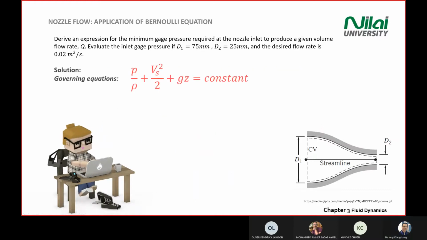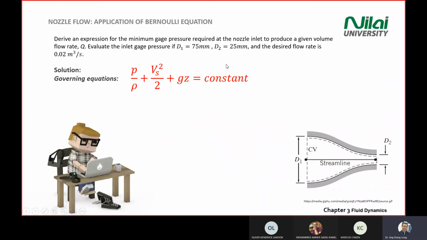All right, so the governing equation. In this case, we are using the Bernoulli equation. P divided by rho, pressure divided by density, plus the kinetic energy term, which is V square divided by 2, where we have already taken out the mass.